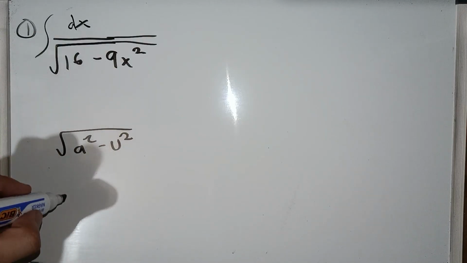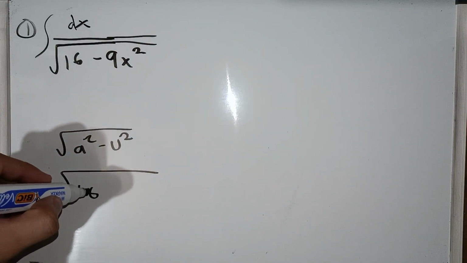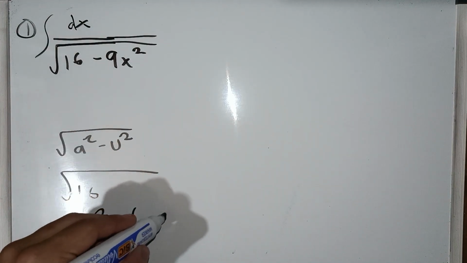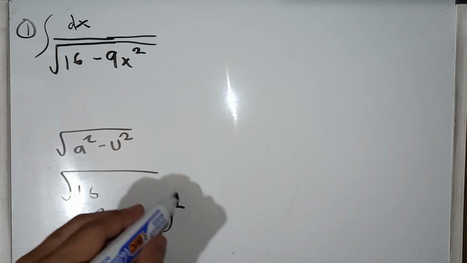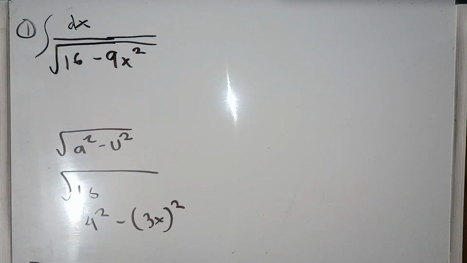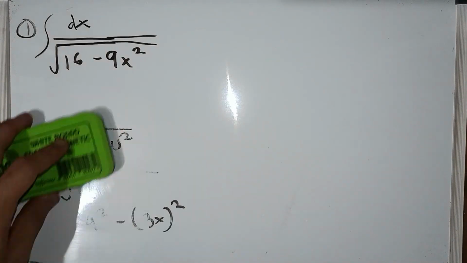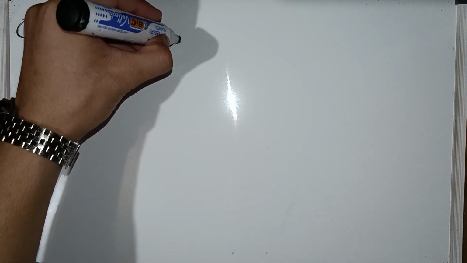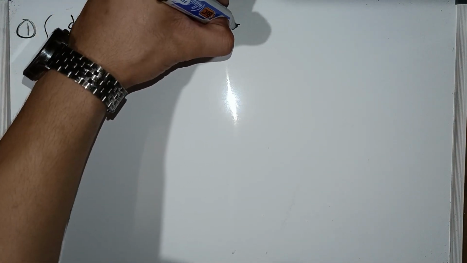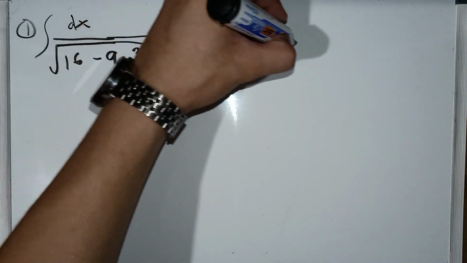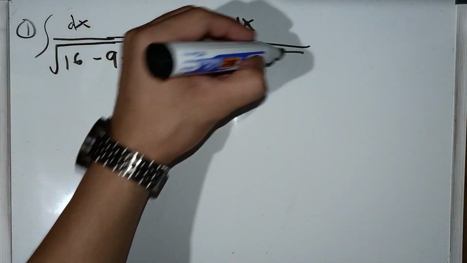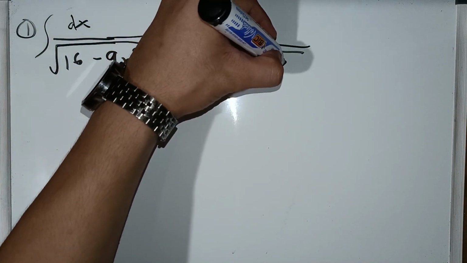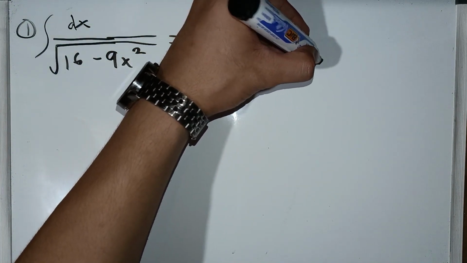The square root of 16 is 4 squared, and the 9 is 3x squared. So that is now equal to the integral of dx over the square root of 4 squared minus (3x) squared.